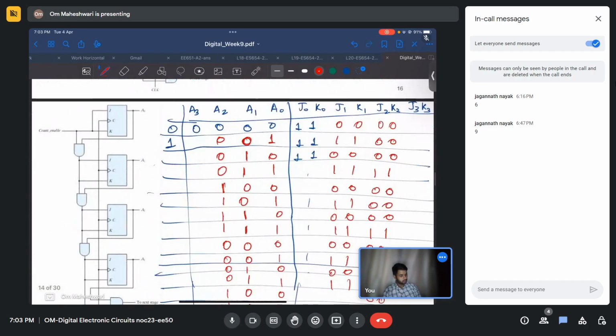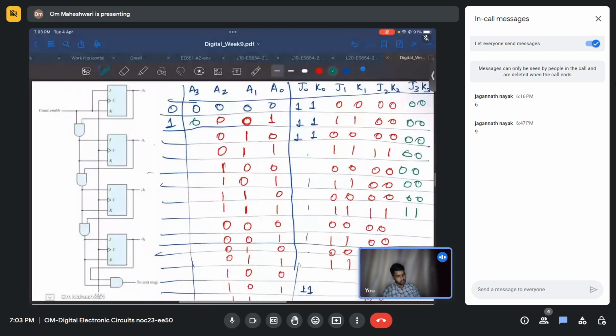J3, K3 is A2, A1, A0, so it is 0 everywhere except one place where it is 1, 1. So it will remain 0 till here, and here it is 1, 1. Then it flips to 1.